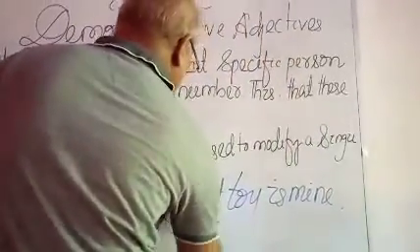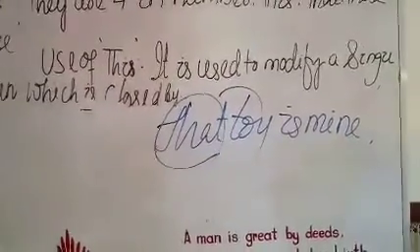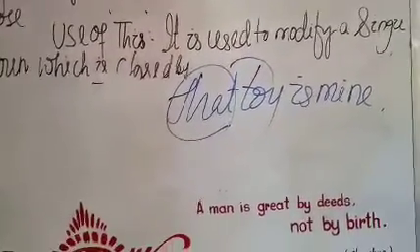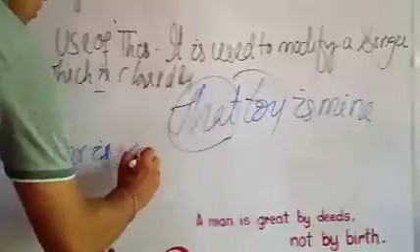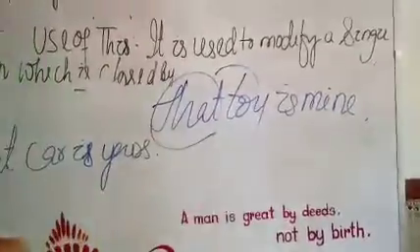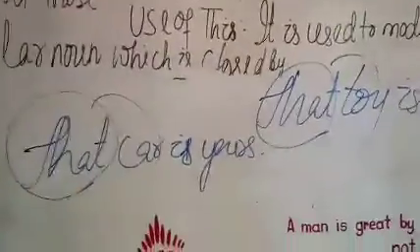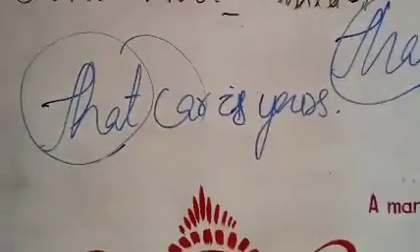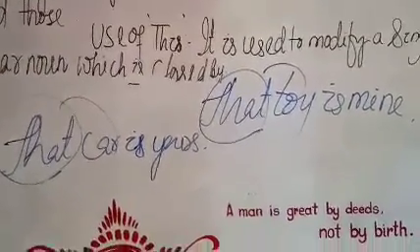Here that modifies toy, but here the toy is far away. Similarly, we may say that car is yours. You see, here that modifies car, but we must understand that the car is far away from the speaker.